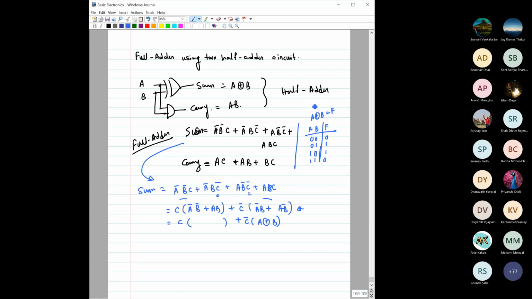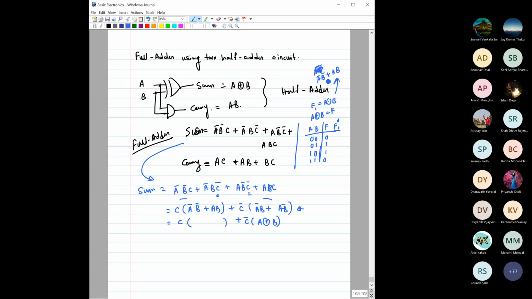Now if this F is A XOR B, okay, then what is the truth table for F1, which is A XNOR B? What is this function actually? A bar B bar plus AB.